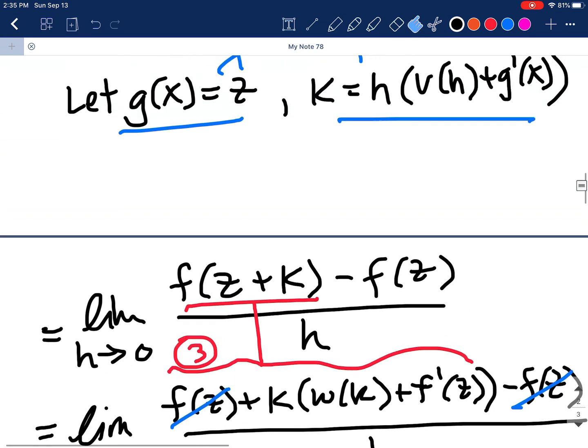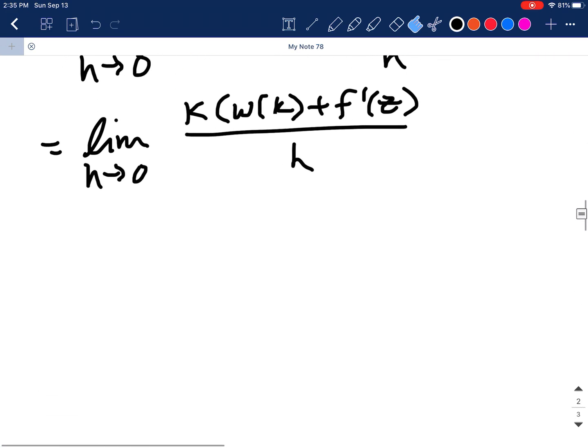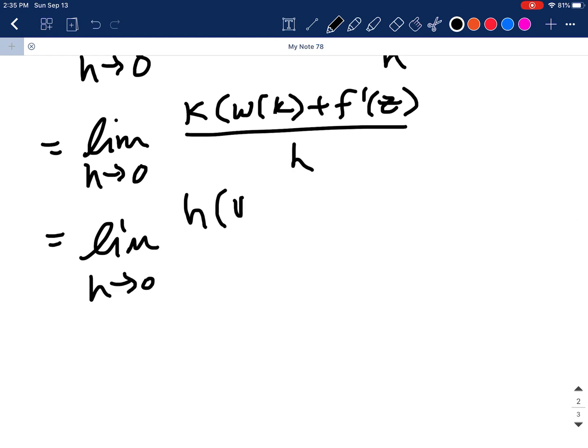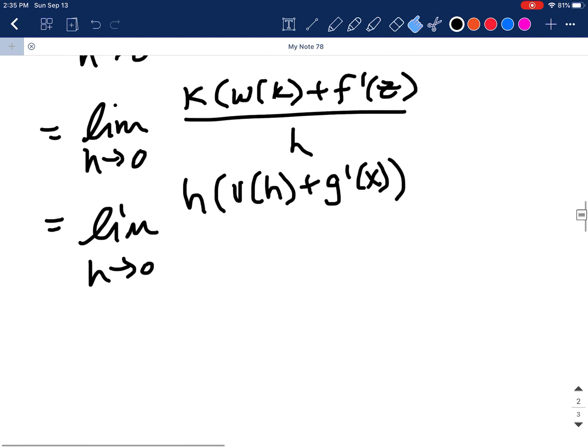But if we recall, k was equal to this guy. So we're going to resubstitute that h, v of h plus g prime back in. This is equal to the limit as h goes to 0 of h, v of h plus g prime of x. I think that was all of it, right? v of h plus g prime of x, yes.